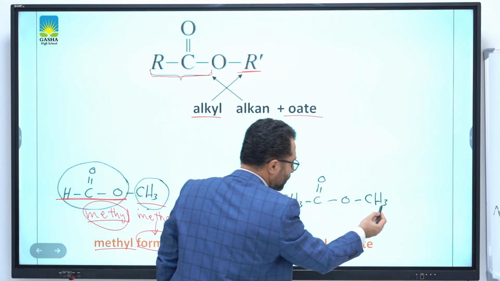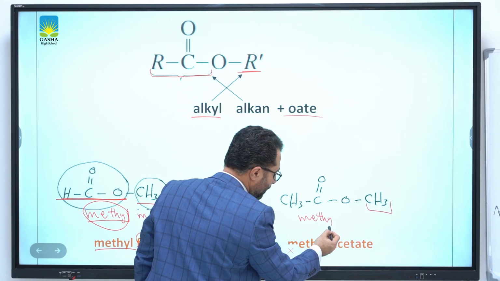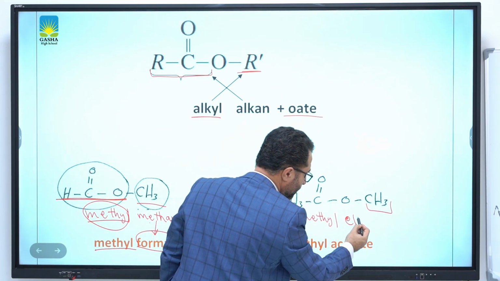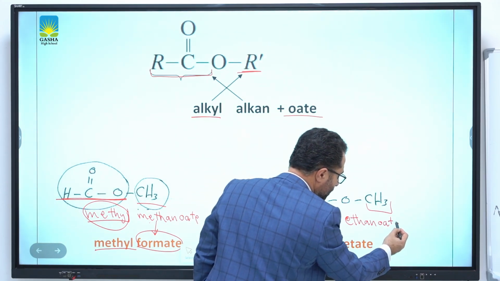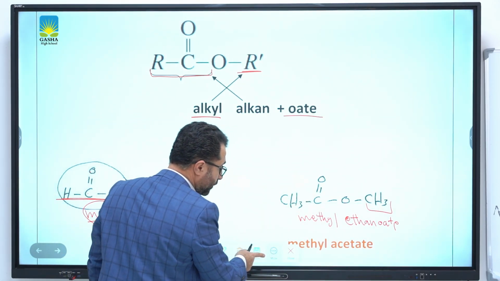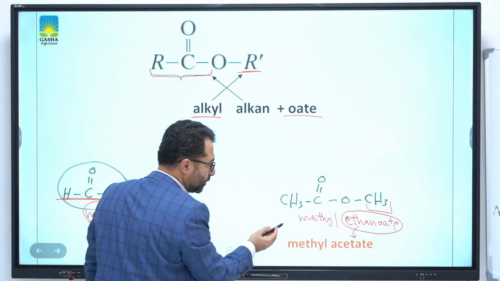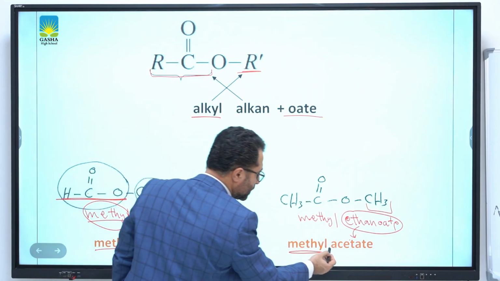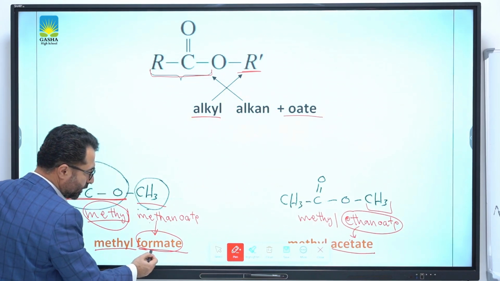The second one has methyl on the right side, and the left side has 2 carbons, so it will be ethane plus OATE: methyl ethanoate. The common name of ethanoate is acetate. So the common name will be methyl acetate. We can't change the methyl to another one, but acetate is constant. It's also the same for methanoate: methanoate is formate.